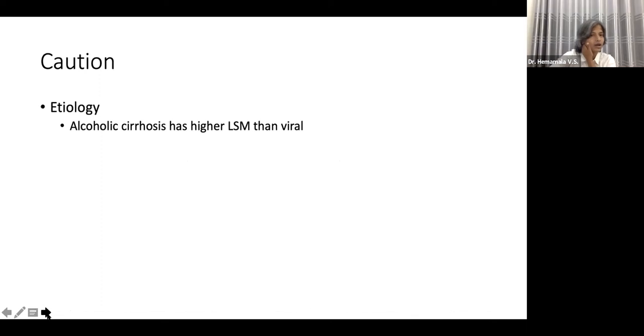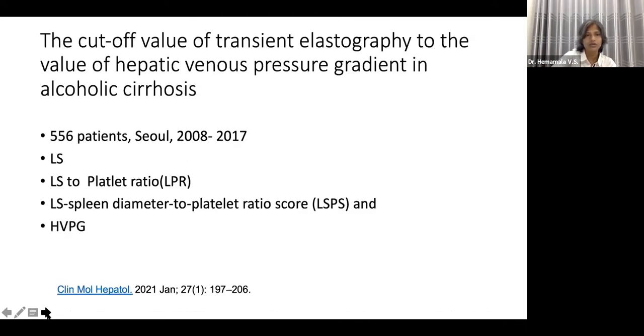And also some etiologies may have a slightly higher liver stiffness, like alcoholic liver disease may have a slightly higher liver stiffness than the viral disease. So this is a very recently published paper in 2021 from Seoul, more than around 500 patients. Along with liver stiffness, these are the other ways by which we can also look, like liver stiffness to platelet ratio, liver stiffness to splenic diameter, though we are not commonly using it in practice.